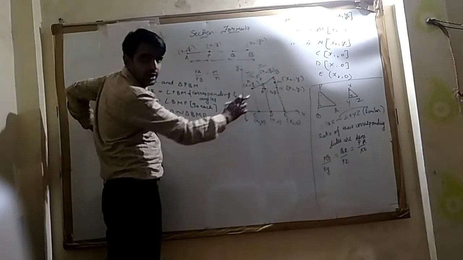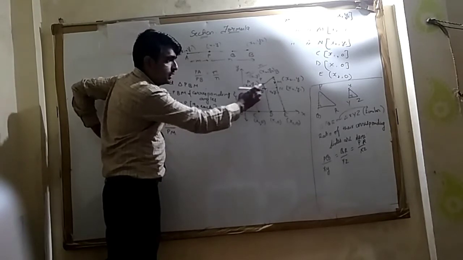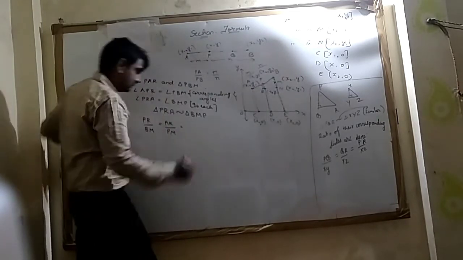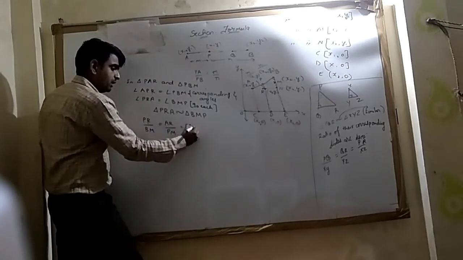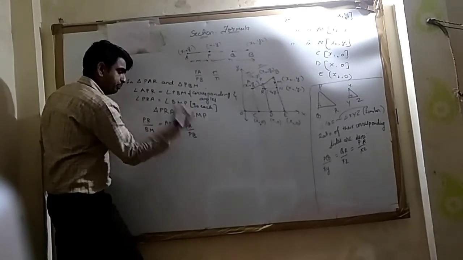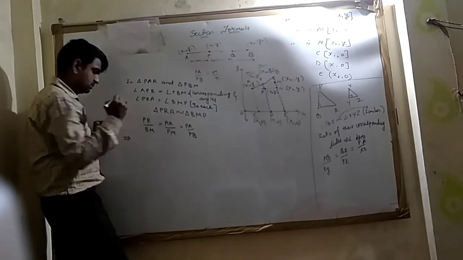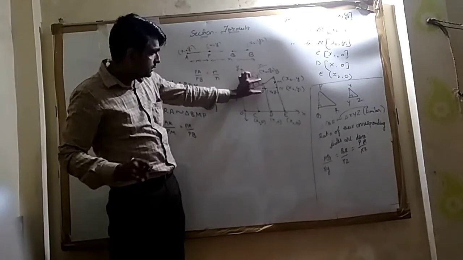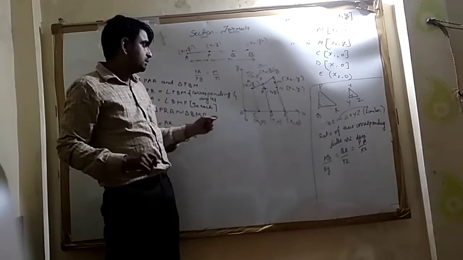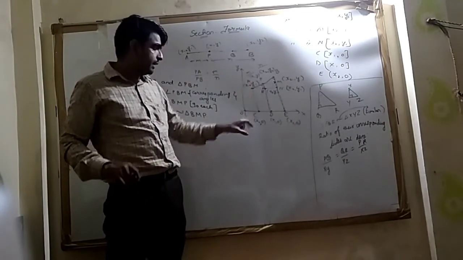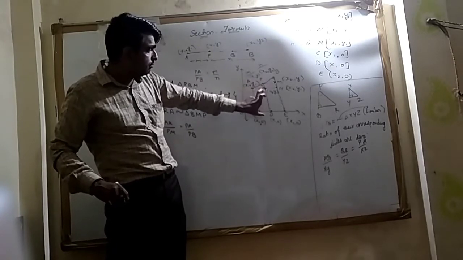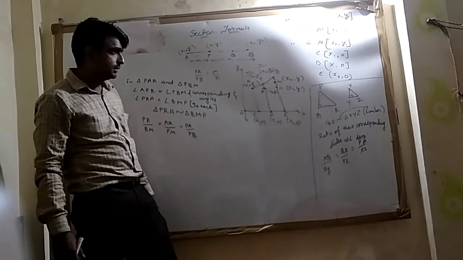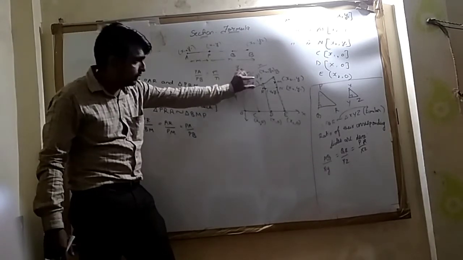Similarly, now see, hypotenuse of this triangle is PA and hypotenuse of this triangle is PB. So, PA upon PB. Now we need to find this PR. This PR can be written as PD minus DR. Okay, I can write that. I need to find PR.